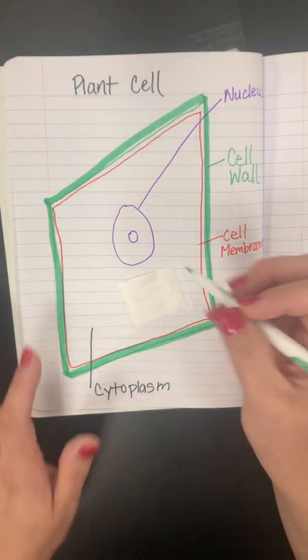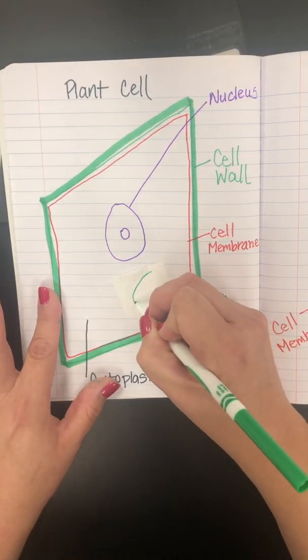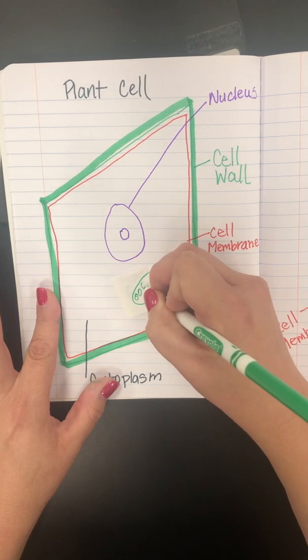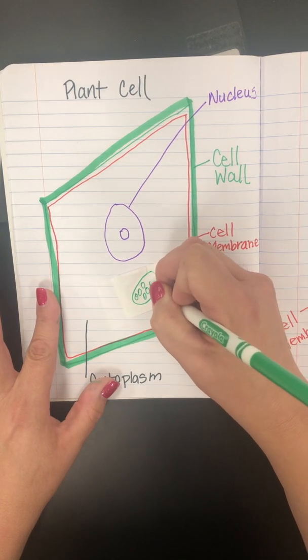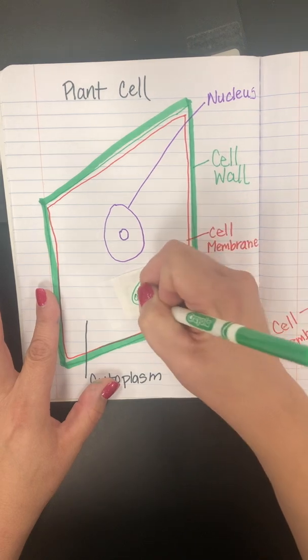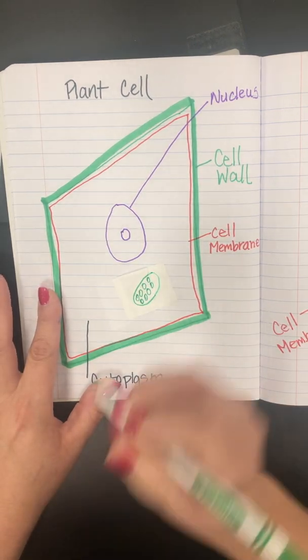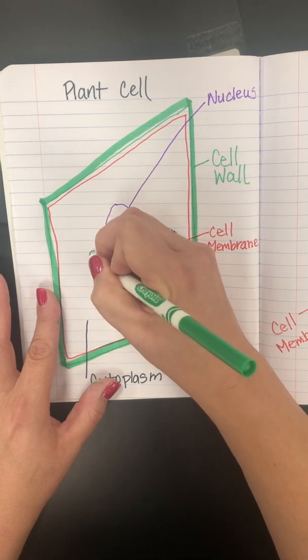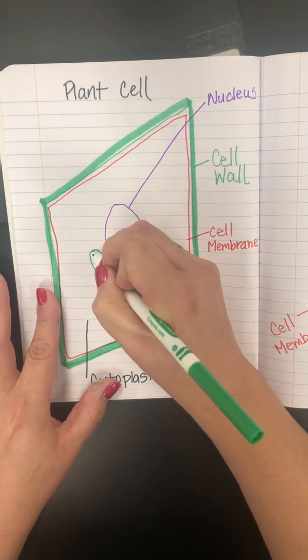So the chloroplast is going to look like a bean-shaped organelle. And I'm going to draw some circles inside of it because there are some objects inside of it that look like coins. So I'm going to draw those in there. I'm going to go out to the side and draw another chloroplast.